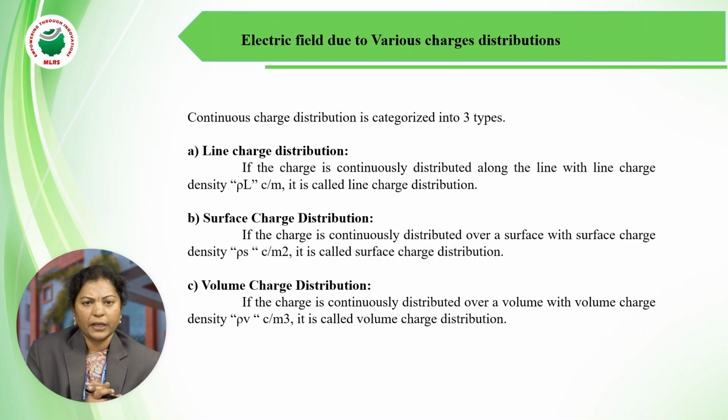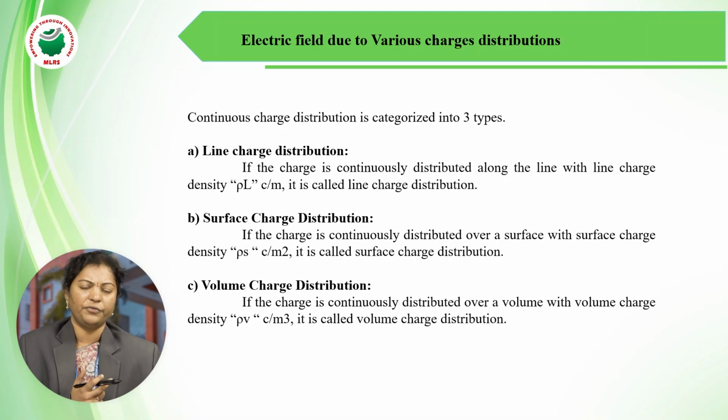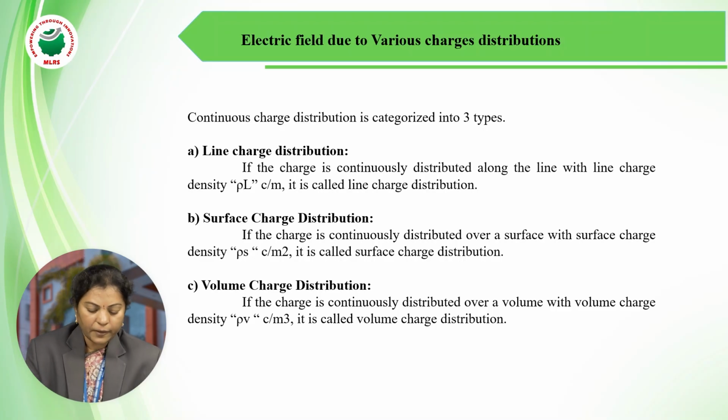We have electric field intensity for different charge distributions. These are categorized into three types: line charge distribution, surface charge distribution, and volume charge distribution. If the charge is continually distributed along a line with line charge density rho L, it is called a line charge distribution.